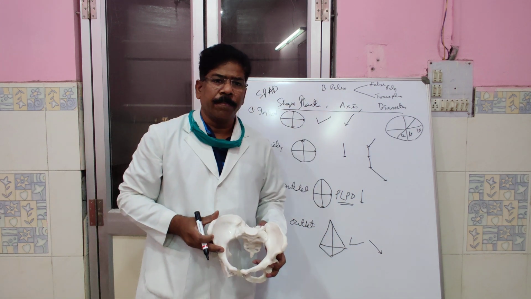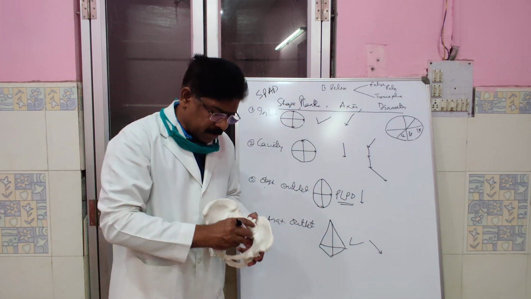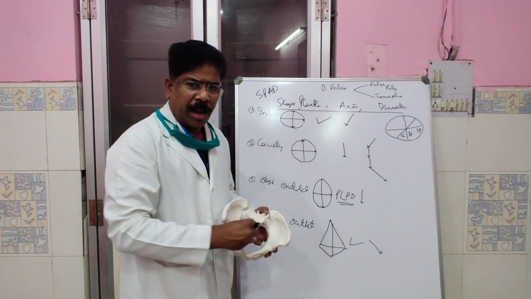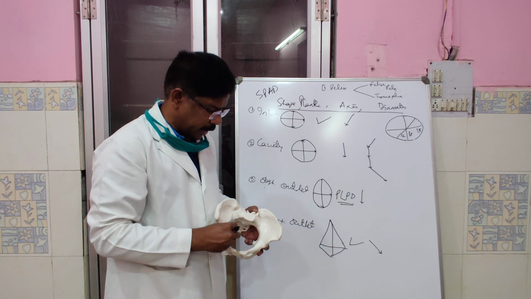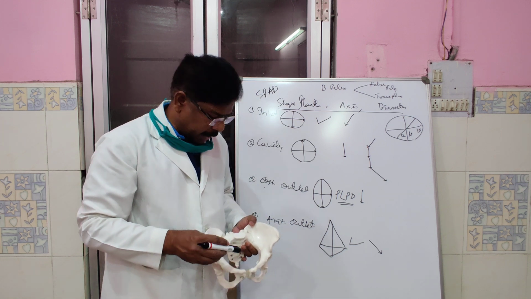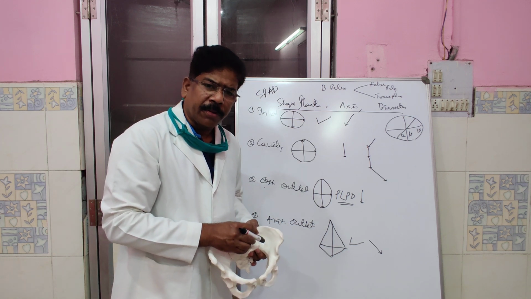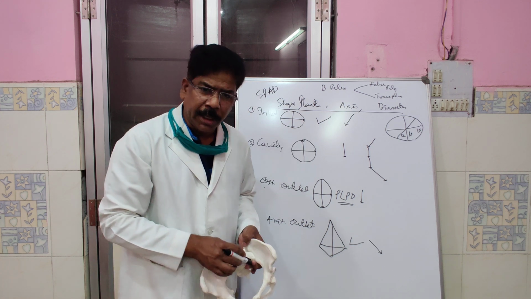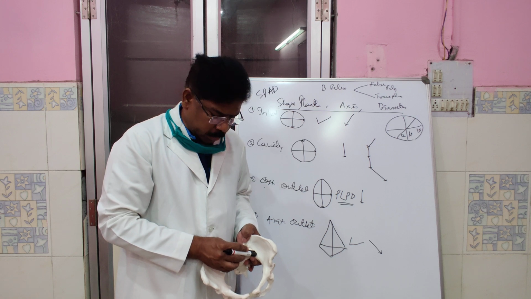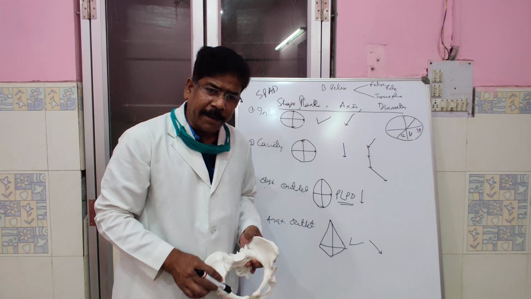So which one is the transverse diameter? Transverse diameter is the farthest point in the iliopectineal line, and oblique diameter can be defined as starting from the sacroiliac joint to the opposite iliopubic eminence. This is the left sacroiliac joint going to the right iliopubic eminence.